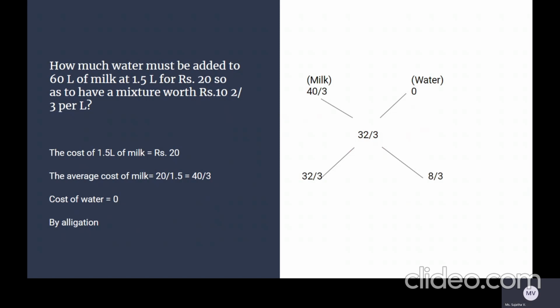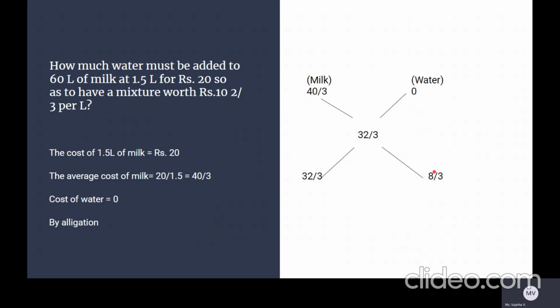We have to find out how much water has to be added. So remember, whatever average we work with, the final ratio that we get, 32 by 3 by 8 by 3, is the ratio of the quantities of the two varieties mixed. So the quantity of milk by quantity of water is equal to 32 by 3 by 8 by 3.